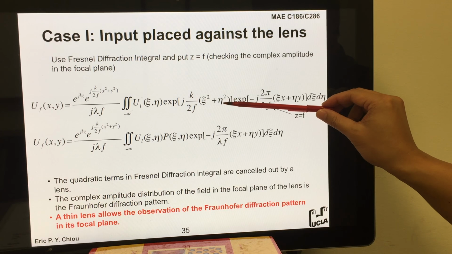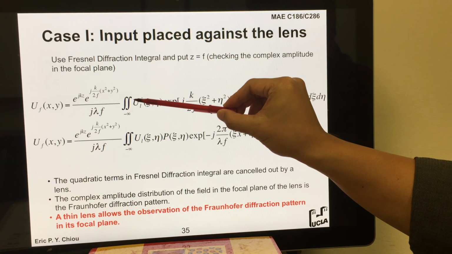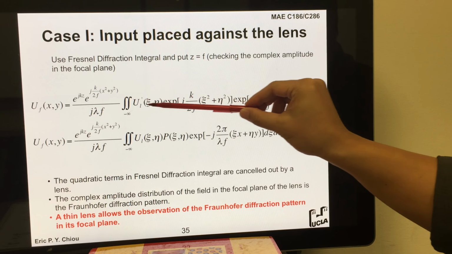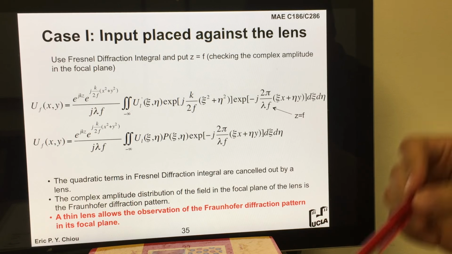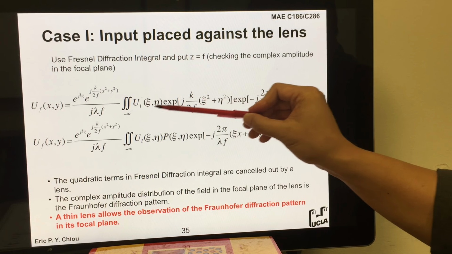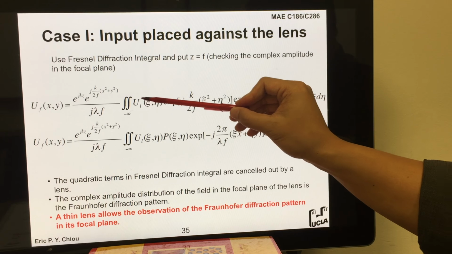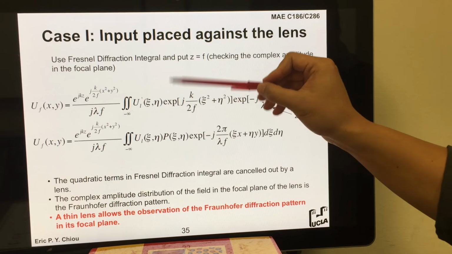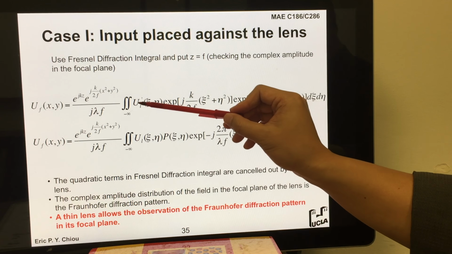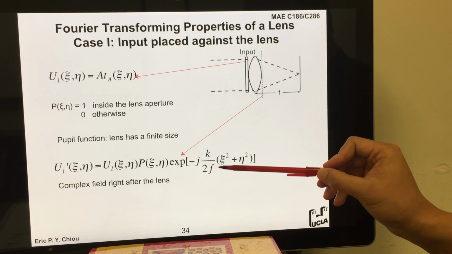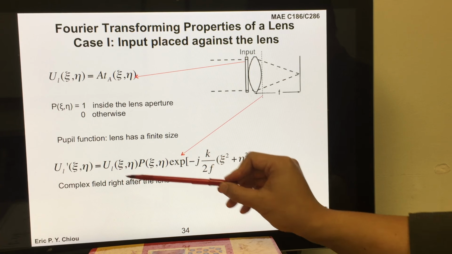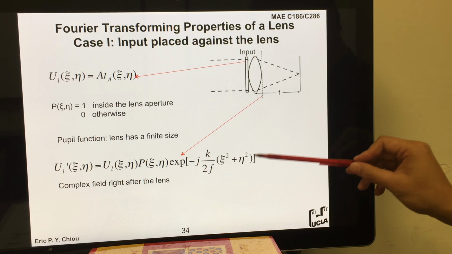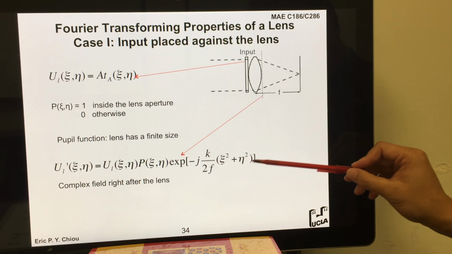Okay, so now this is the image pattern right after the lens. It's already multiplied by the lens transmission function. So what we do is we just plug in what we have in the previous slide. So what's your UL prime here? UL prime is the original function with the pupil and this extra phase term. Pay attention to this extra phase term.